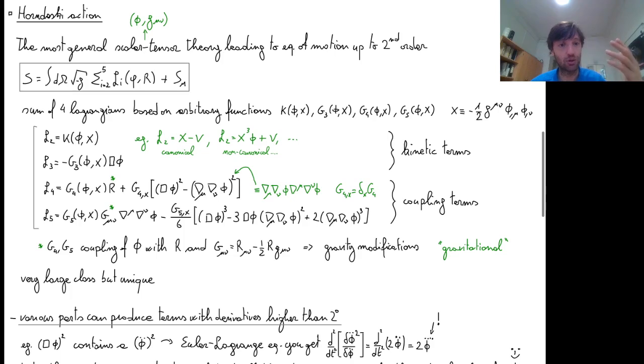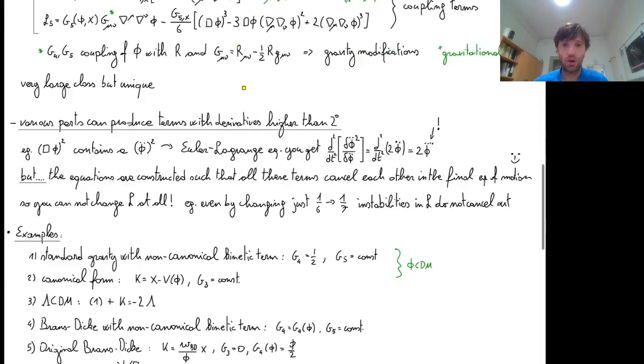The higher order terms are going to cancel each other. That's why you cannot touch this structure at all. For example, this 1/6 here is introduced exactly to have the right number to cancel some other term. Okay? This is your Horndeski action.